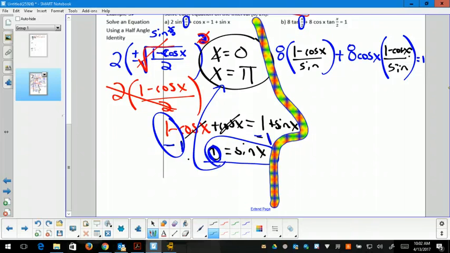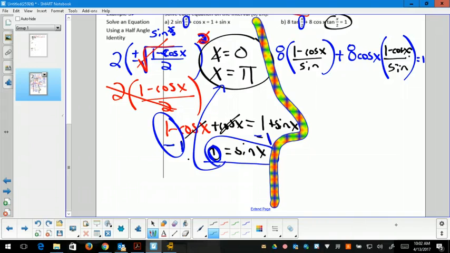Well, both of these now have a denominator of sine. I can't divide by a trig function to cancel it out, but I can get rid of denominators by multiplying by the common denominator. Why isn't it the cosine? No, this is tangent.